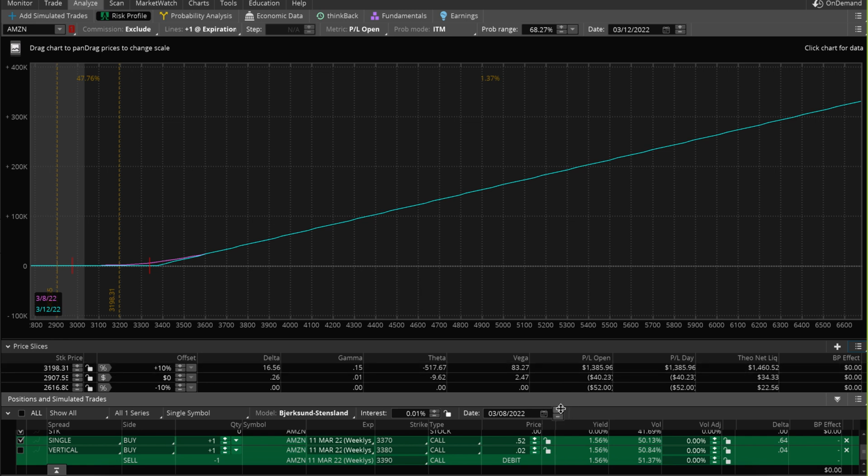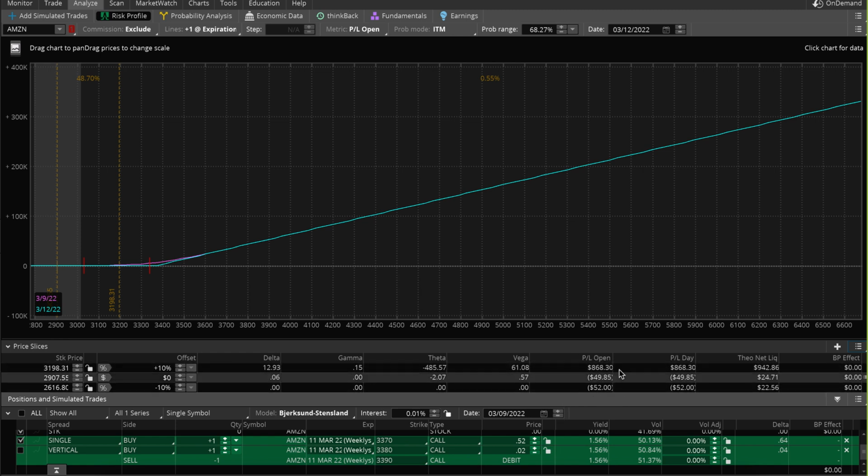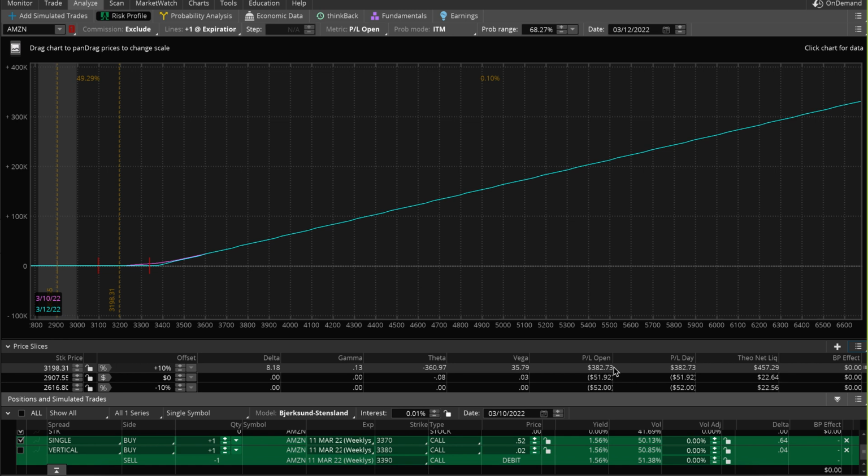And then let's say it stayed at that price on the ninth. You see our profit would now be down below $1,000. And let's say it stayed at that price on the 10th, and our profits would be down to slightly below $400.